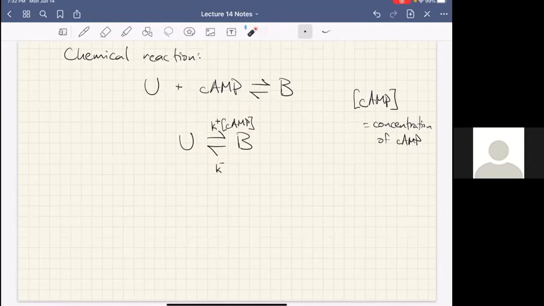So this lets us set up a master equation.